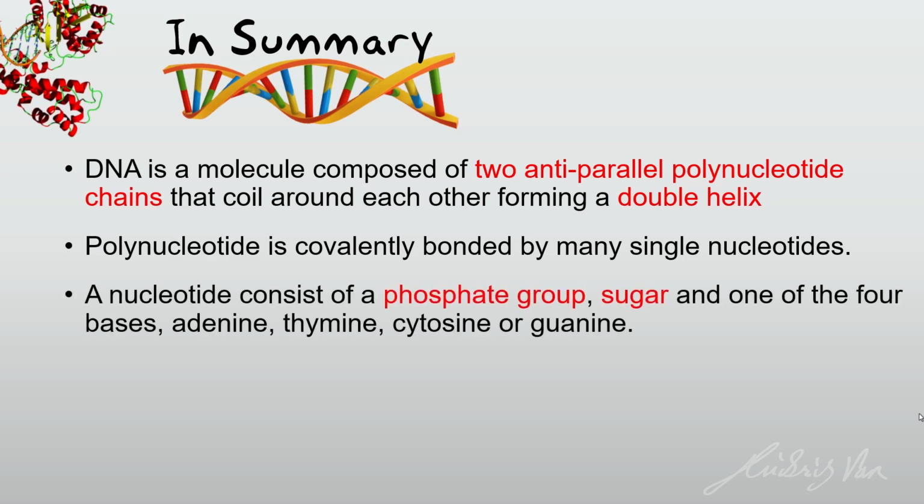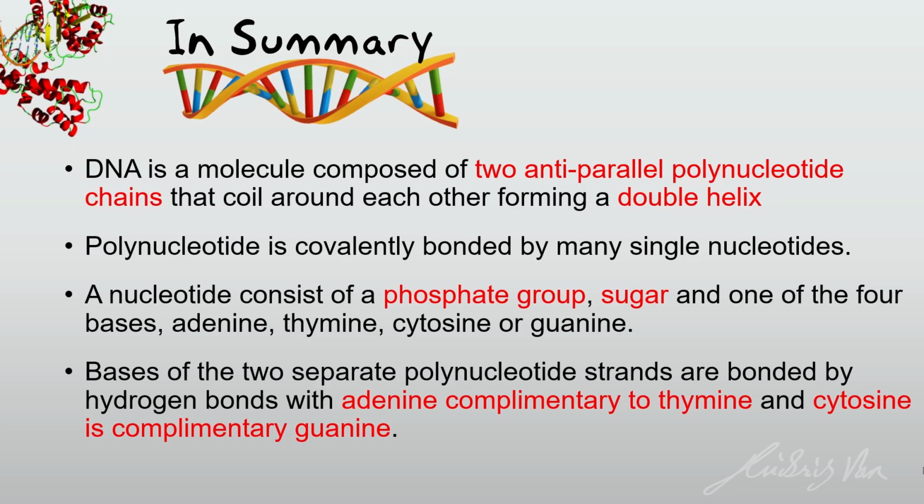A nucleotide consists of a phosphate group, sugar, and one of the four bases, adenine, thymine, cytosine, or guanine. So you will be awarded mark by stating phosphate group and sugar. The four bases you will also be given mark, but it is only when you mention the complementary base pairing.